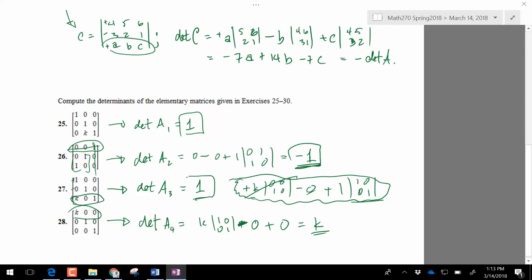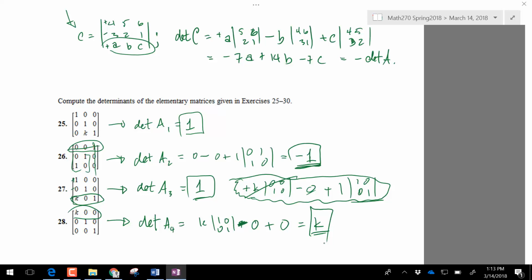So this might be useful for us in finding determinants by way of doing some row reducing. Because remember, when we reduce a matrix, it's essentially multiplying by one of these elementary matrices, and then we'll see in either this section or the next section. We're going to be done with chapter 3 by today.